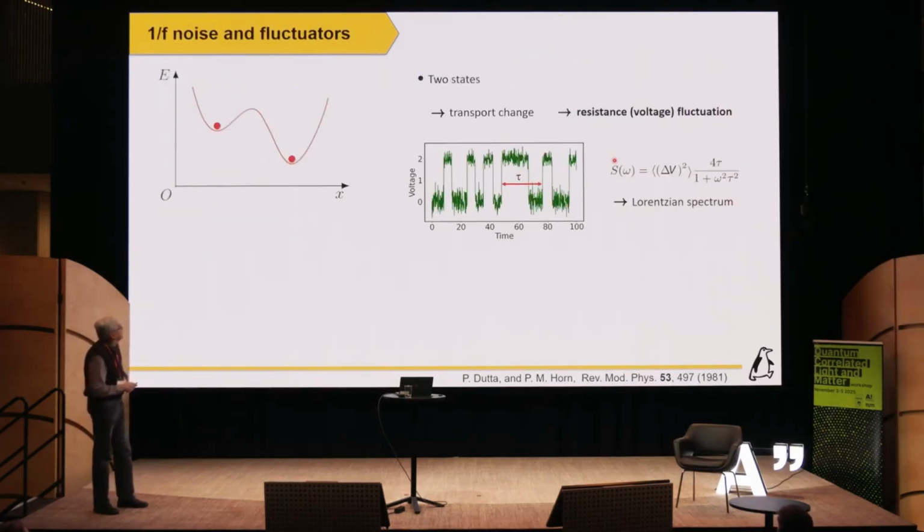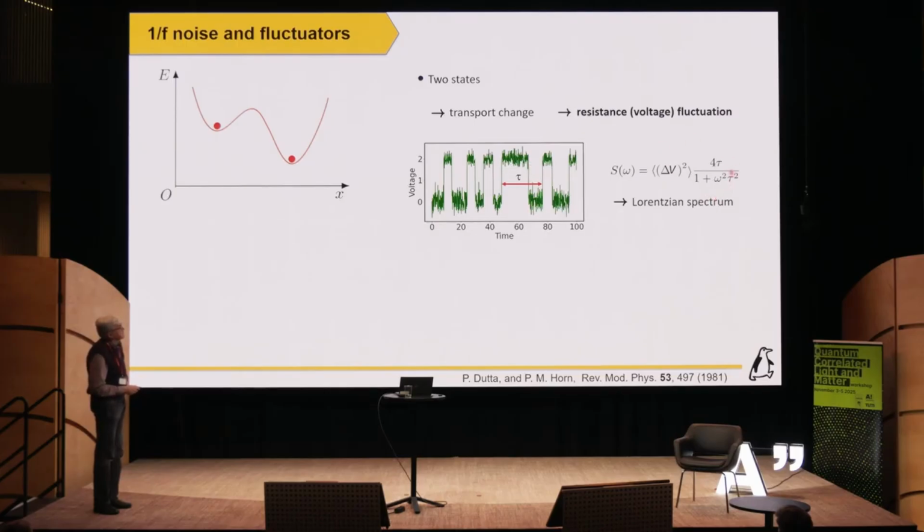Just quickly, the switching noise: if you have a system with two states and they are characterized with two different responses, this can be change in the voltage, as in our case, or it can be a change in the resistance. Then in this kind of time trace, if you do the Fourier transform, you get the regular Lorentzian spectrum.